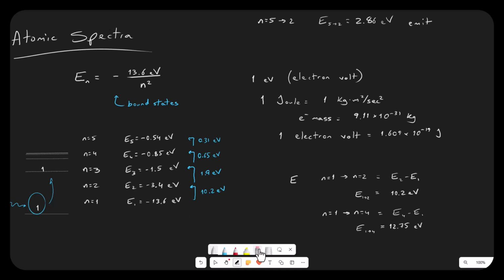So if we've got this electron that's sitting in an n equals 5 level, and we want it to drop down to n equals 2, then it's going to have to give up a photon. It says, I've got too much energy, I need to get rid of some, so I'm going to emit a photon. Down here where we're climbing, we need to absorb a photon. So now we get to the spectra.